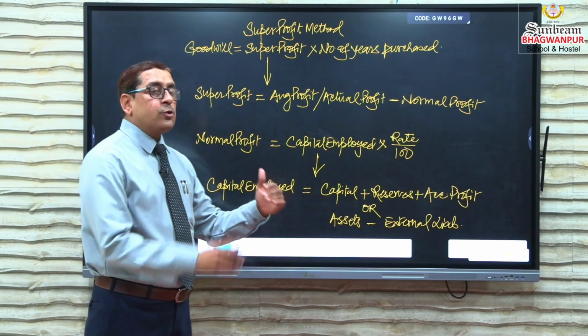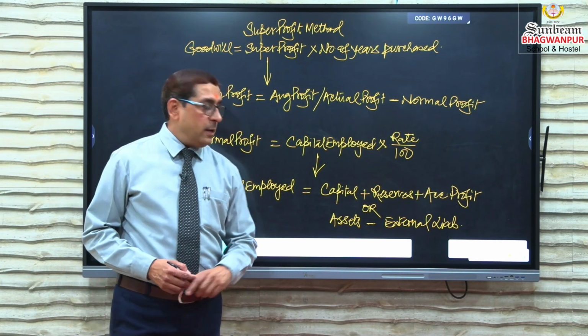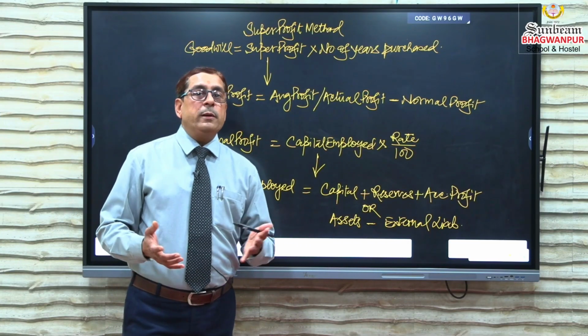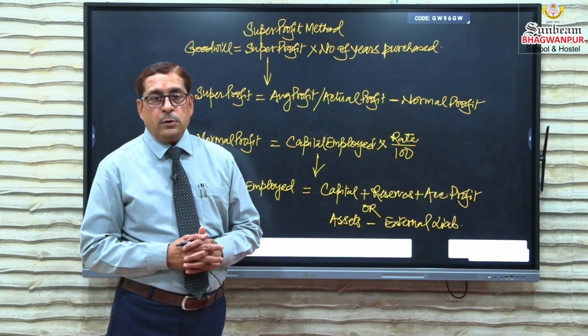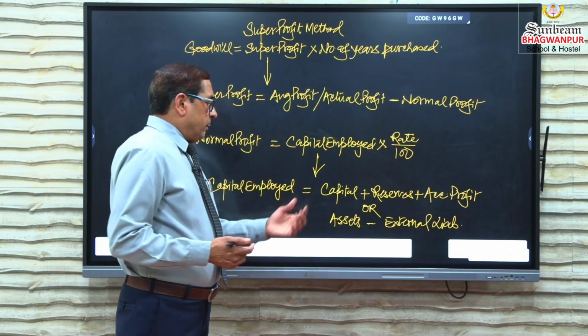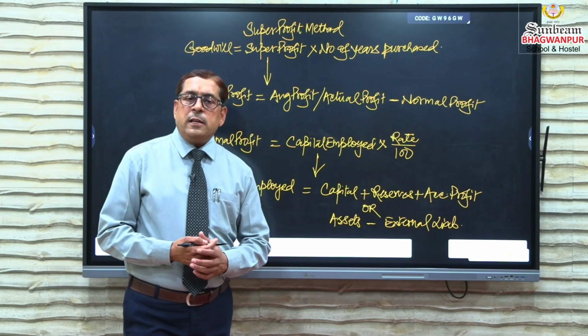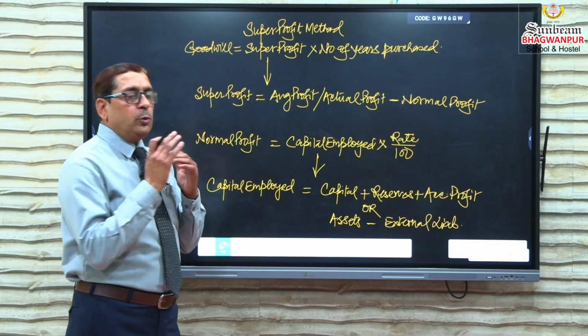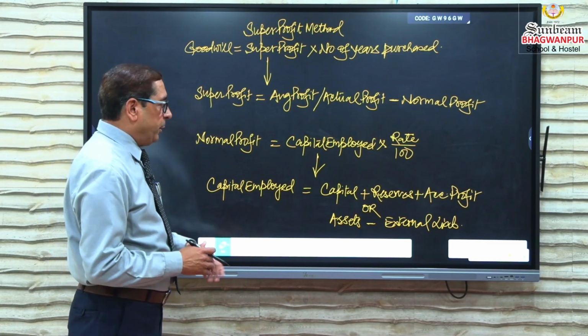Sometimes it is given, just to confuse the students, that assets include stock and machine worth 10 lakh rupees. Machine, stock, they are the tangible assets. That will have no effect. You need not deduct it from the capital.